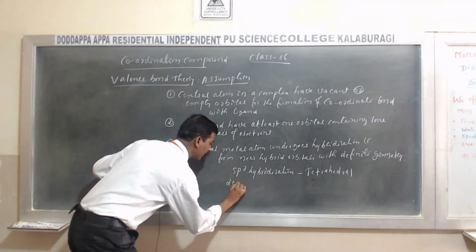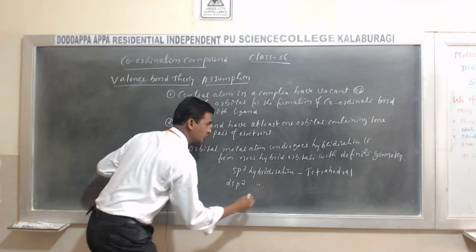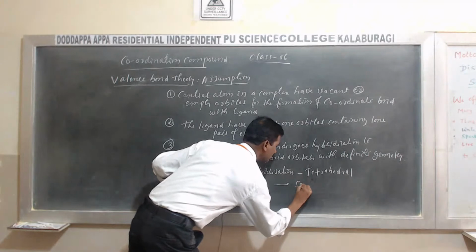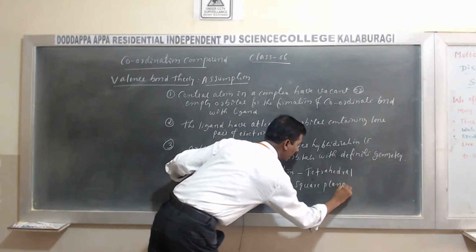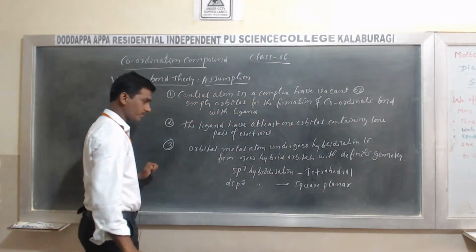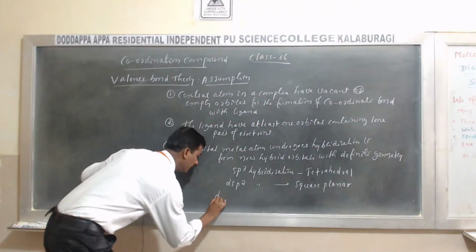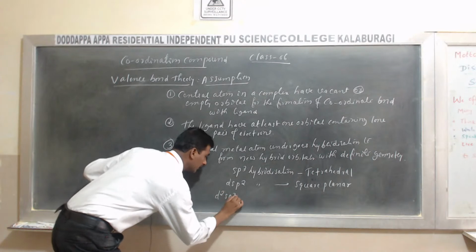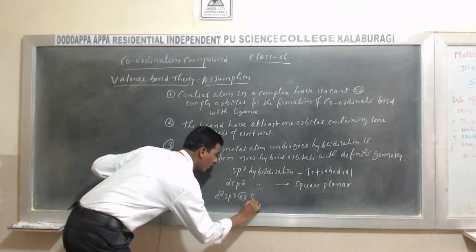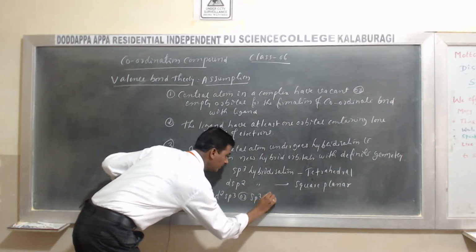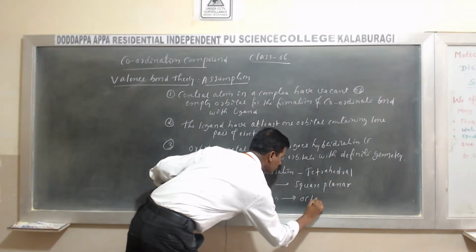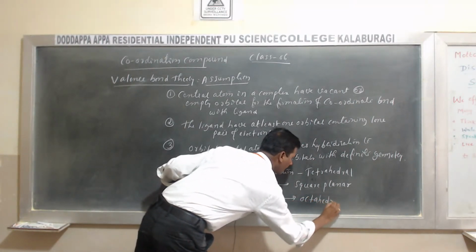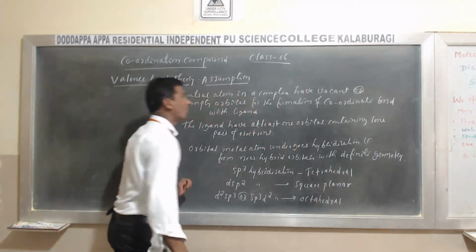If it is dsp2 hybridization, it is a square planar geometry. The next is d2sp3, or sp3d2 hybrid orbitals. It is called octahedral geometry.